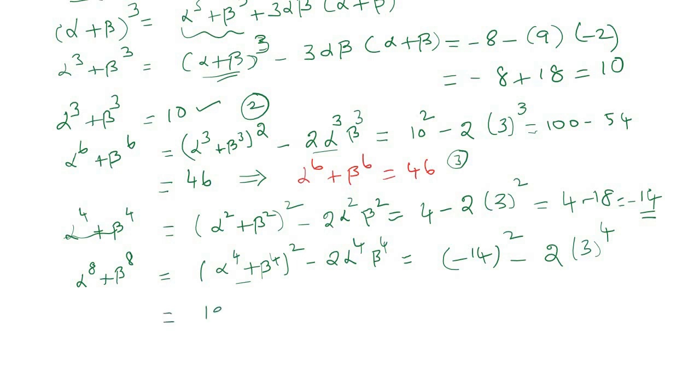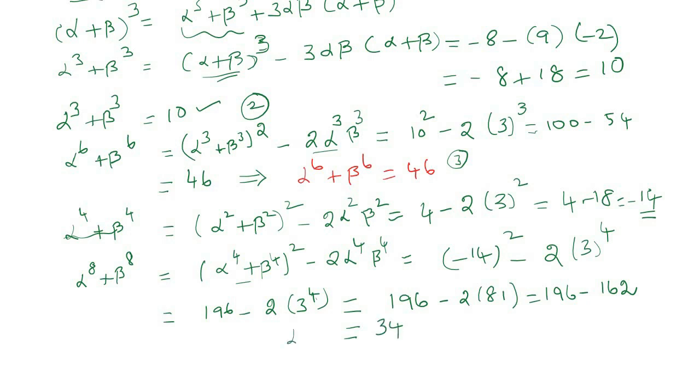That equals 196 minus 2 into 3 to the power of 4, which is equal to 196 minus 2 into 81. Therefore, 196 minus 162. Okay, this is equal to 34. What is 34? Alpha to the power of 8 plus beta to the power of 8.